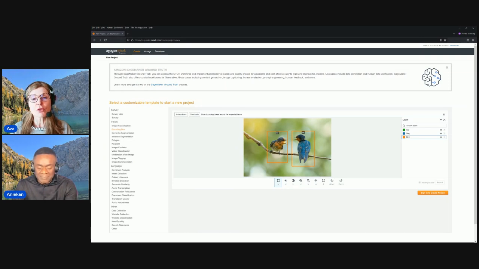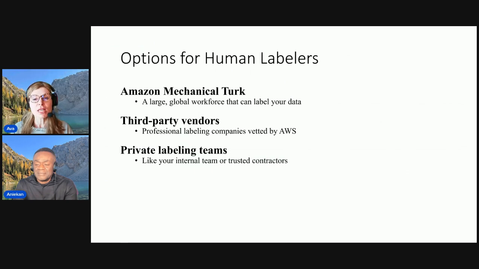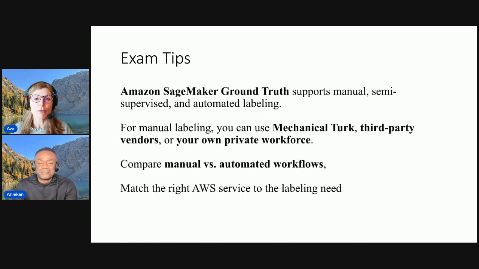And folks, here is also a certification exam tip for this section. Amazon SageMaker Ground Truth is going to support manual, semi-supervised, and automated labeling. For manual labeling, know that there you can use this Mechanical Turk, third-party vendors, or your own private workforce. And look out for questions comparing manual versus automated workflows, or maybe a scenario where data privacy is important.